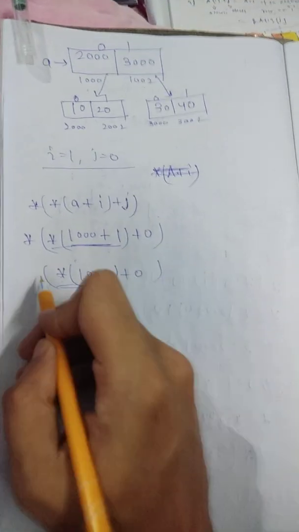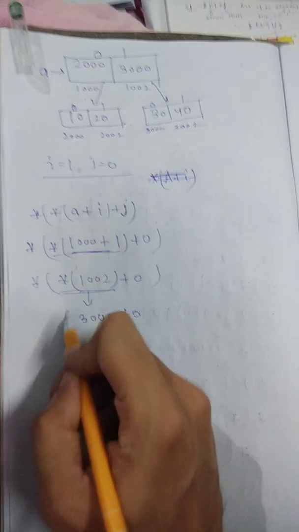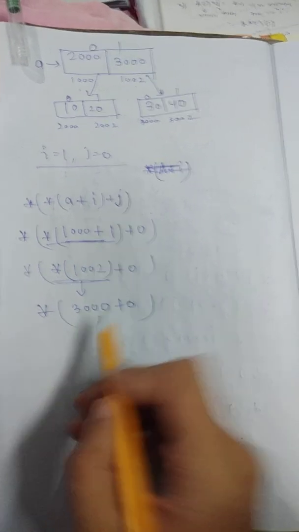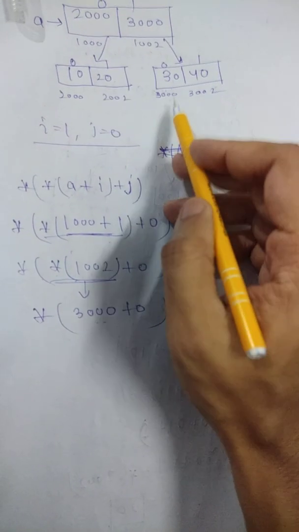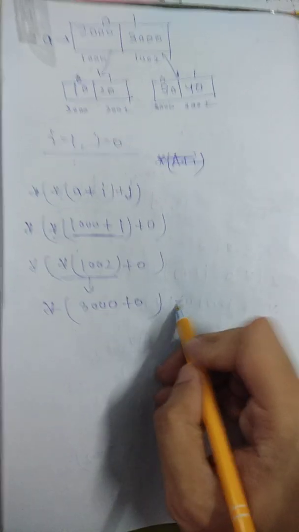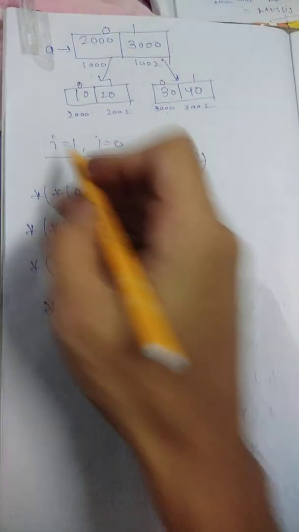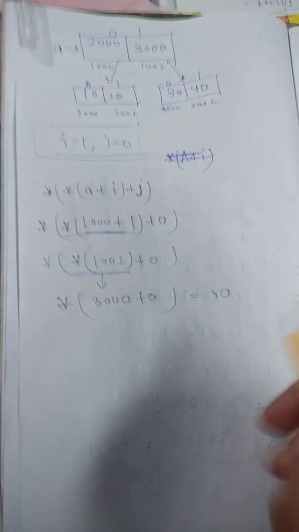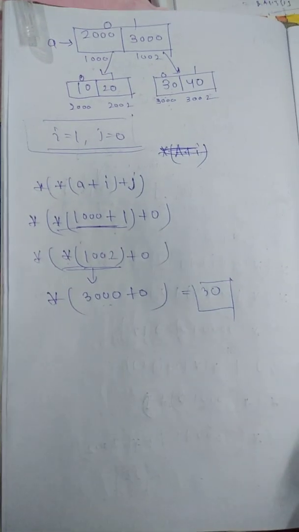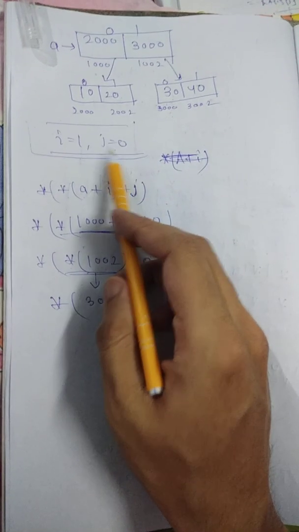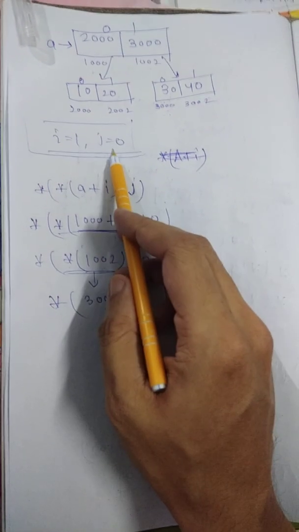Now 3000 plus 0, then again star. So what is the value at 3000? See, value at 3000 is now 30. So this gives 30. So for I equal to 1 and J equal to 0, we find 30.